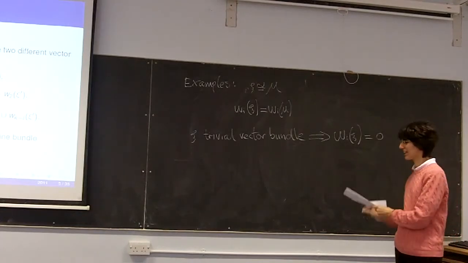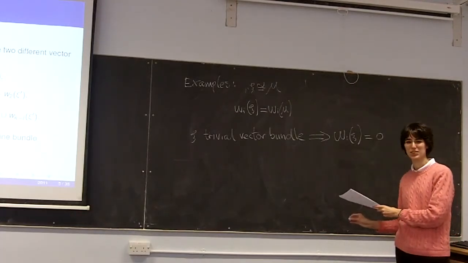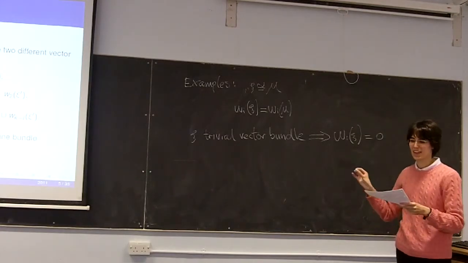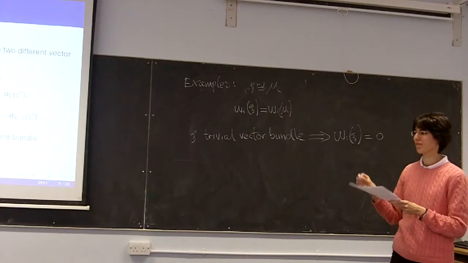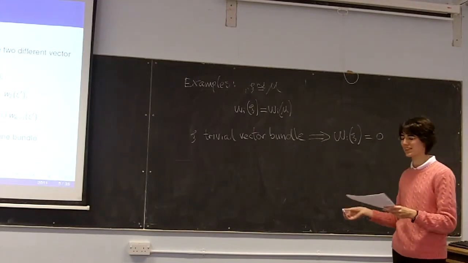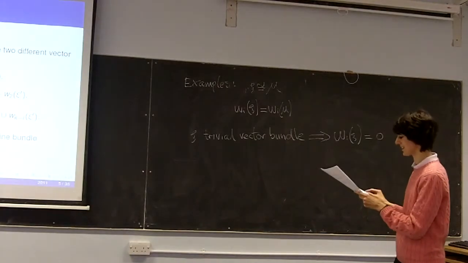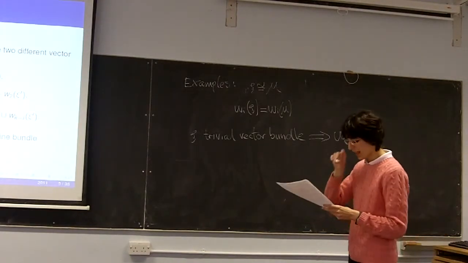If it's trivial, then the characteristic classes are going to be zero. The other way around, it doesn't hold. I mean, you can have vector bundles with every characteristic class zero and not being trivial. So that's something that doesn't go back.